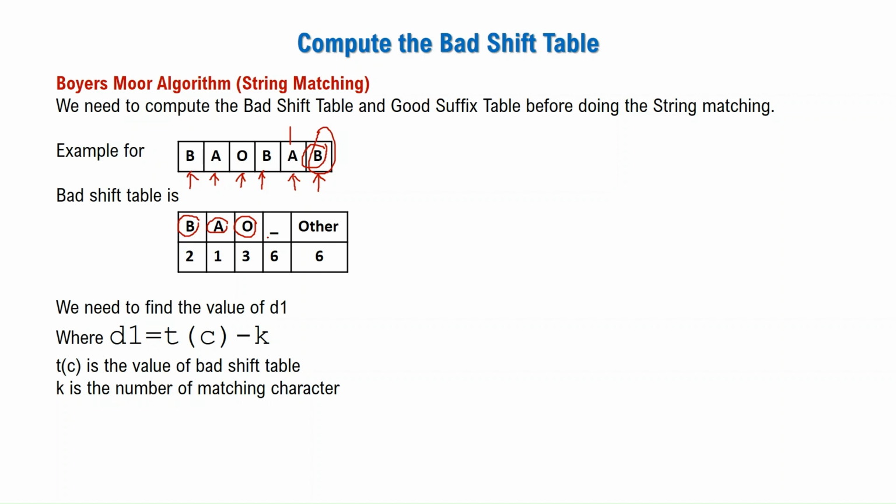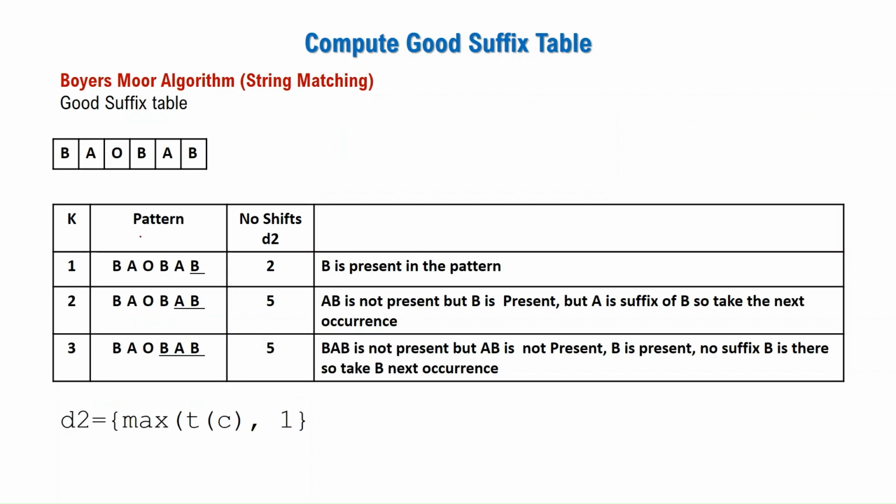Suppose in your given string the last character is matched and the last but one character is not matched. In that case, you consider the not matched character's value as T of C, and how many characters matched here? Only one character matched, which means the K value becomes 1. I'll take an example so that you understand the values of D1, T of C and K.